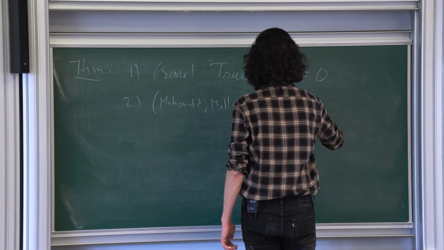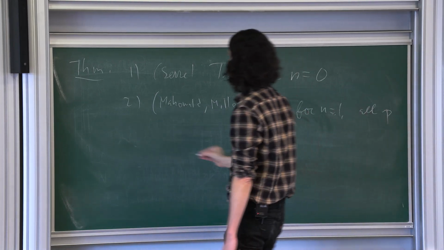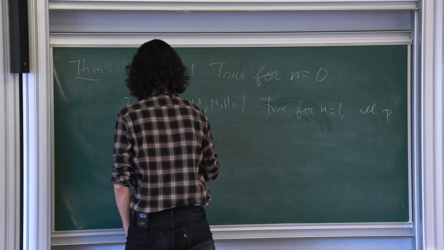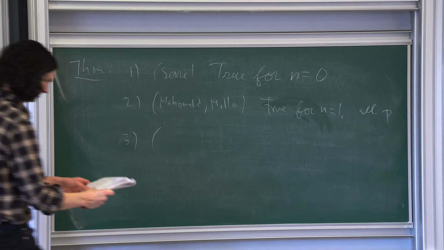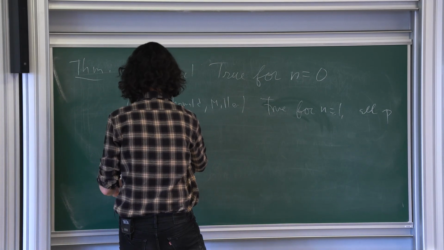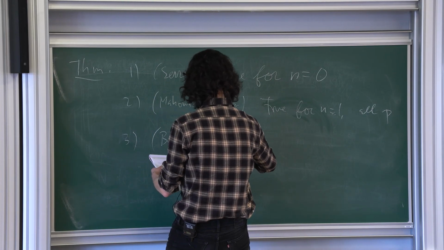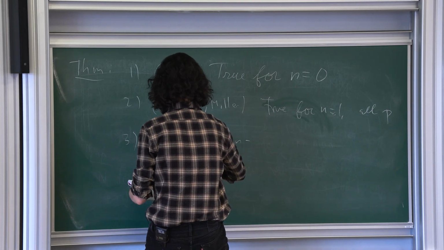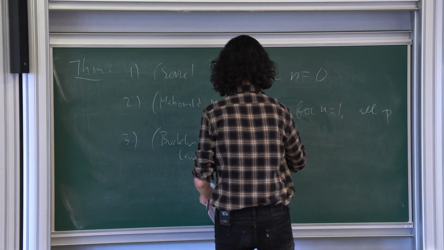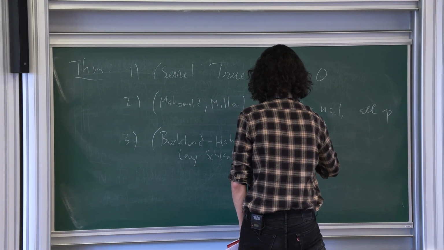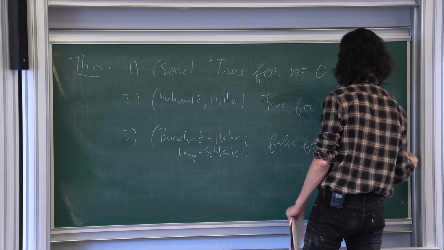True for n equals 1 and all p. And then we have, there's 4 authors, and I know them very well, and I respect them, Burklund-Hahn-Levy-Schlank. It's false for n bigger than 1, all p.